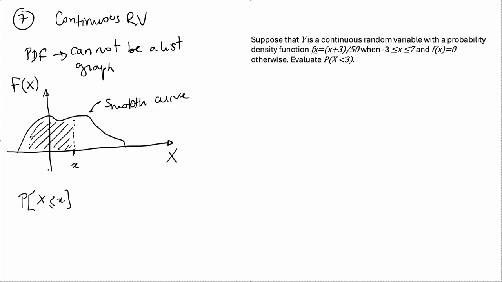So this is the area under the curve, and there's one more detail. The probability of x being less than or equal to a number is just the probability of x being less than that number. You drop the equal, right?